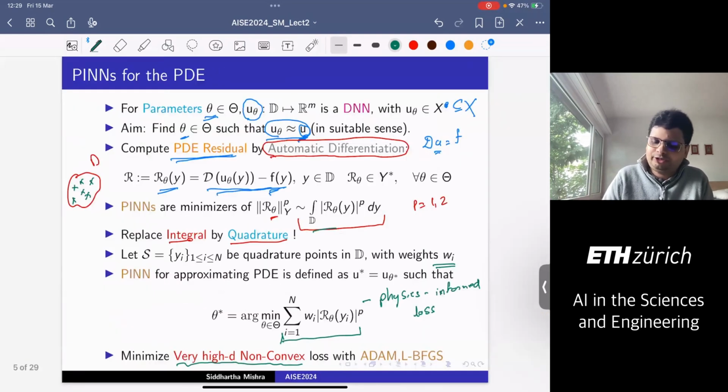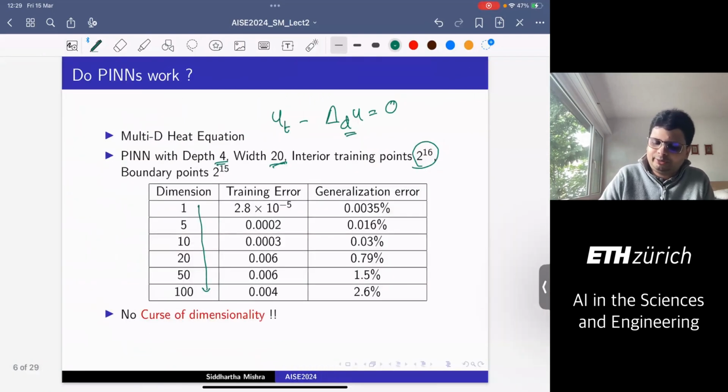And all the points here, so these interior points and boundary points, these are random points, because in very high dimensions, nothing else works, right? You just have to take random points. And when you do that, then you see that for the same network, and for the same amount of training time, there is an increase in error.